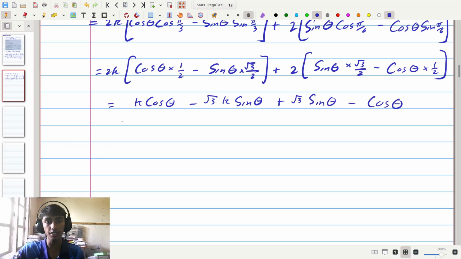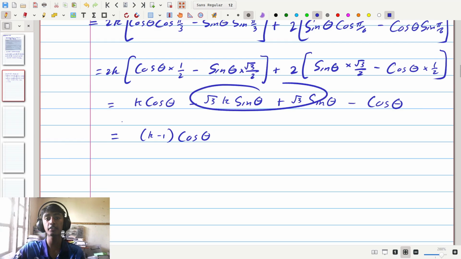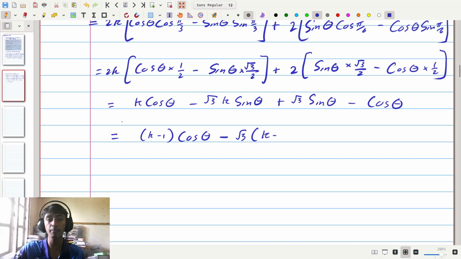Now if we group them based on the sine and cosine, the k times cosine of theta and minus cosine of theta gives us k minus 1 times cosine of theta, and this part right here can be grouped to give us minus root 3k plus root 3, or if we take the minus outside, minus root 3 times k minus 1 times the sine of theta.